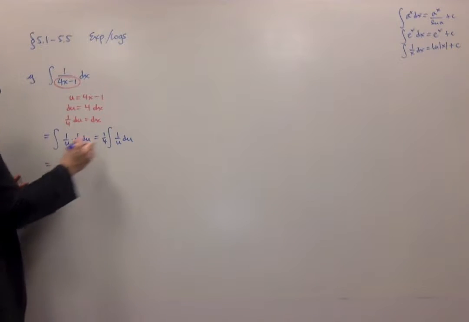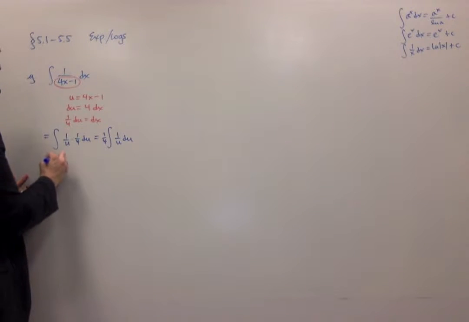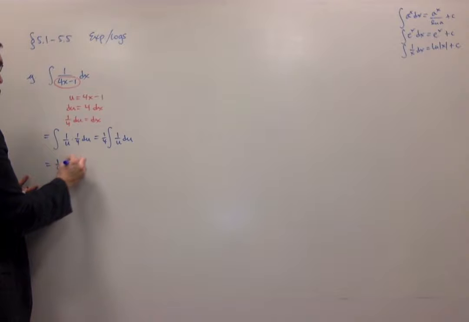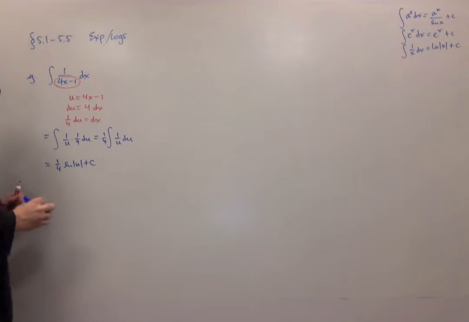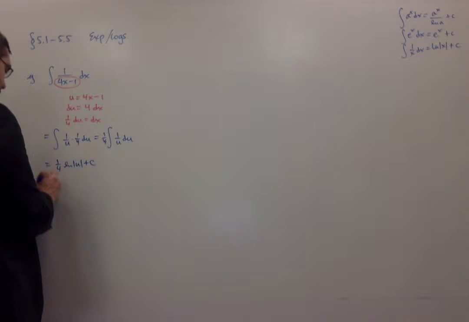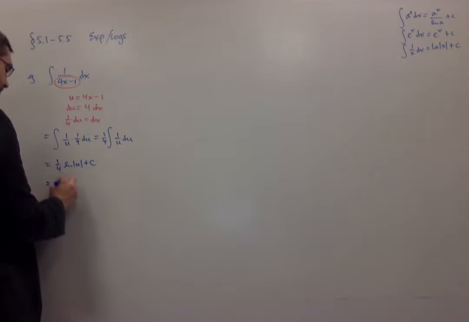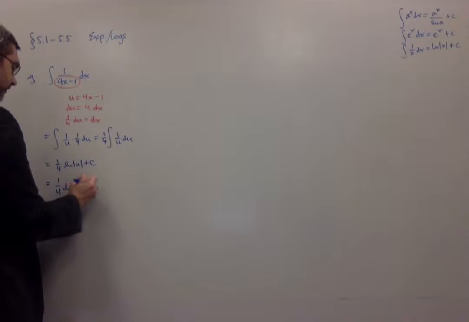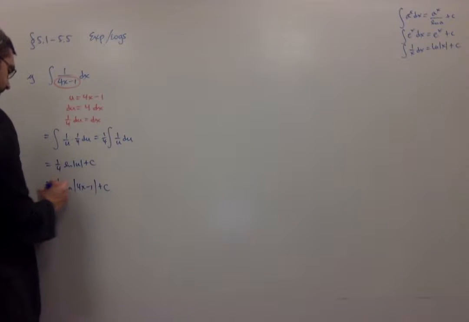And then the antiderivative of 1 over u is just natural log of absolute value of u. Please make sure you include that absolute value, and please make sure you include the plus c. Do not forget that. And then we just sub back in. 1/4 natural log absolute value of 4x minus 1 plus c.